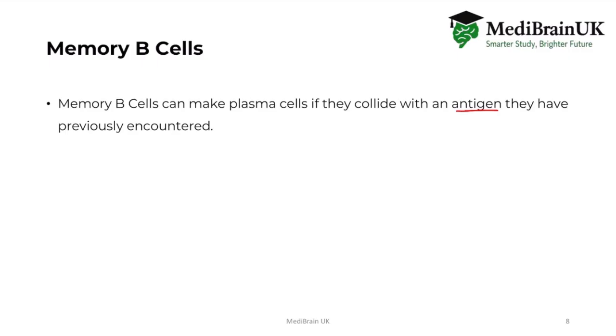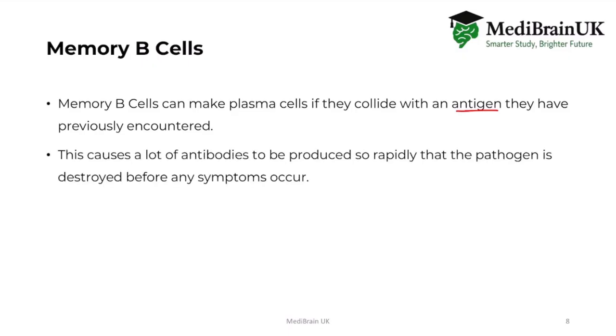And then they will produce your plasma cells, which will produce your antibodies to get rid of that COVID fast before you experience any symptoms. Okay. So this causes a lot of antibodies to be produced so rapidly that the pathogen is destroyed before any symptoms occur. So that's the main purpose of your memory B cells.